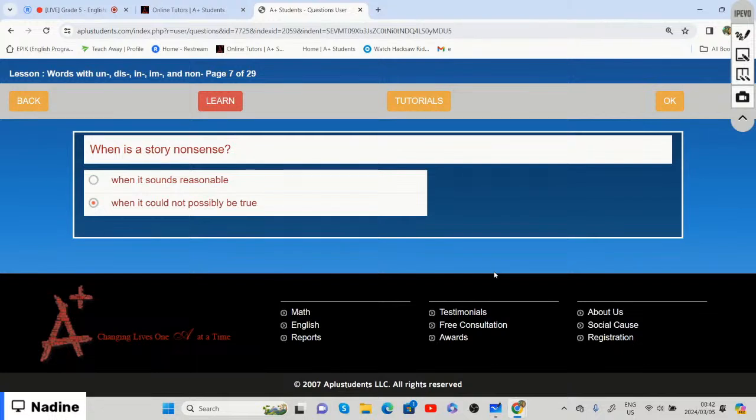All right. So we said we have nonsense, we have impossible, dislike. Those words all mean a negative word, right? When it couldn't possibly be true, that is correct. So, for example, if they say that it's incomplete, then you must know it actually means not.